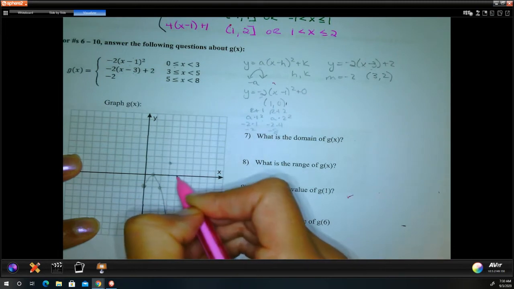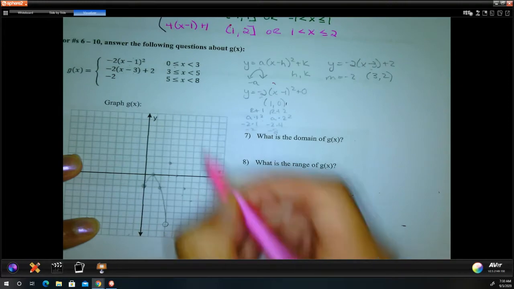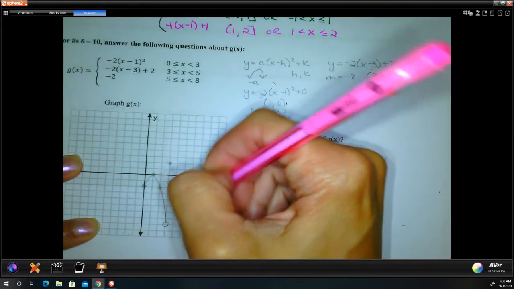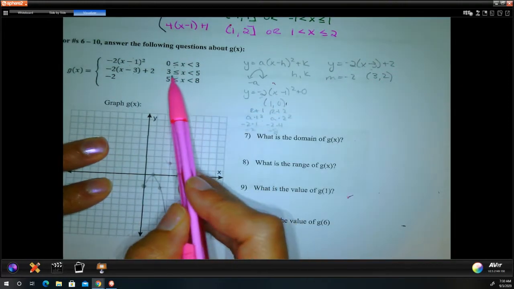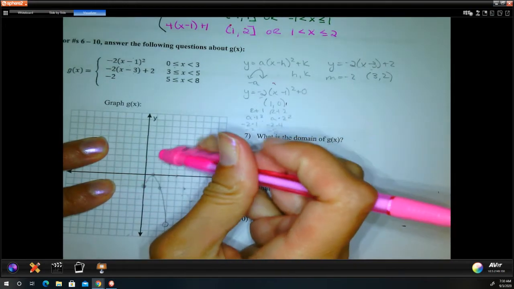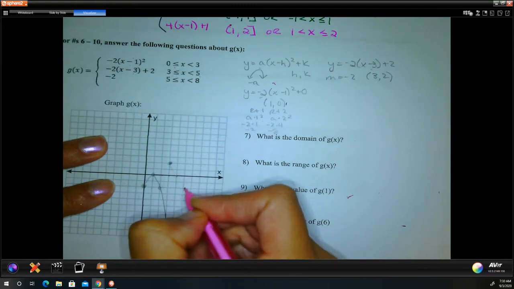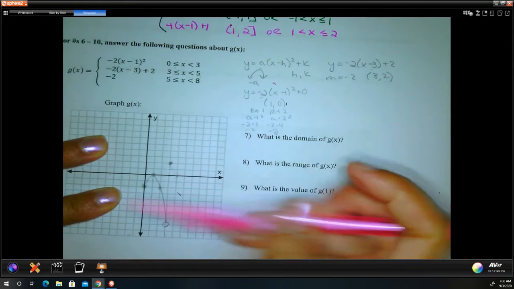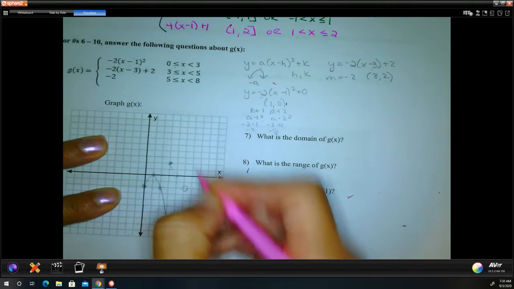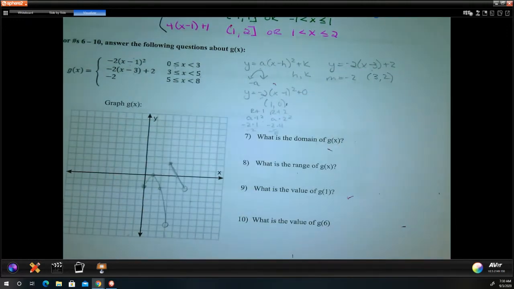So down 2 over 1, down 2 over 1, down 2 over 1. So here's the line that I'm working with. This time I want to go from 3, and include that point, so make sure you don't go past it, all the way up to 5. So 4, 5, and then don't include the point at 5. So there's the piece of that linear that I want.